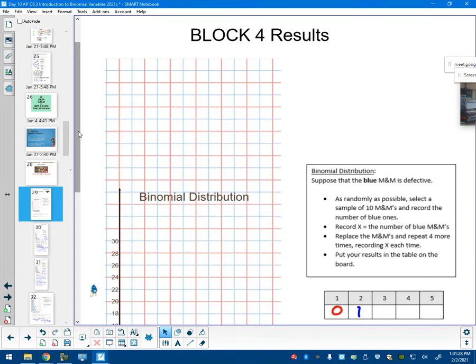All that I bought, go figure, being just right outside of Cleveland, were produced in Cleveland. So we're going to take our M&Ms, open up the plastic bag, and dump them into the cup. And I know your cups are clear, but I have faith that you can do this as randomly as possible.